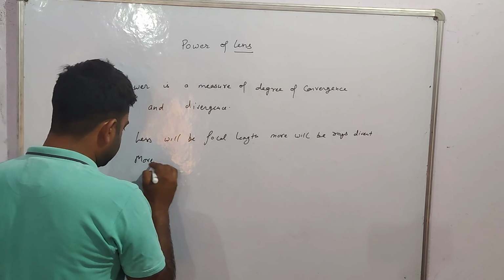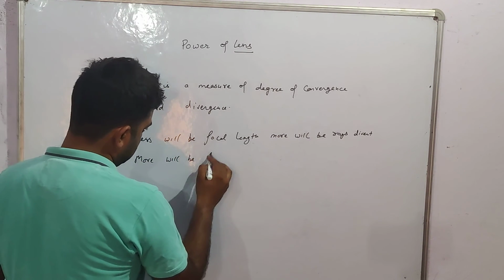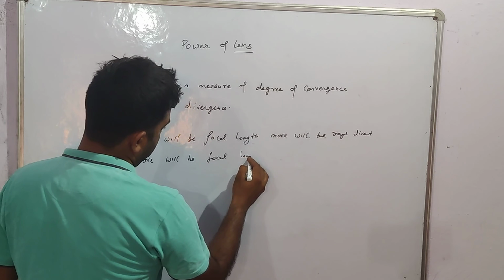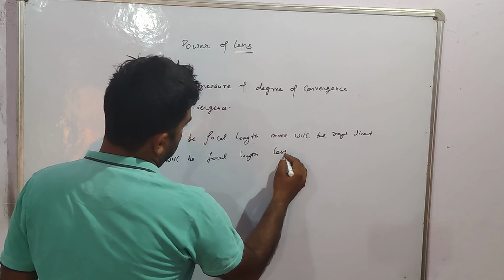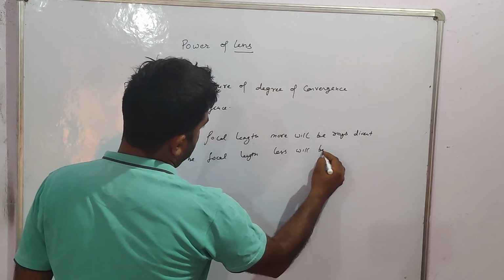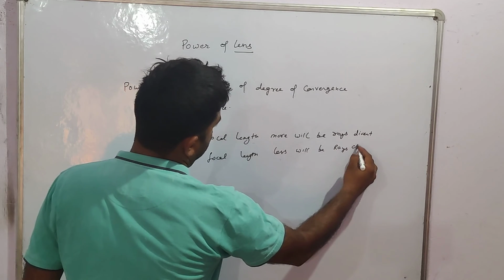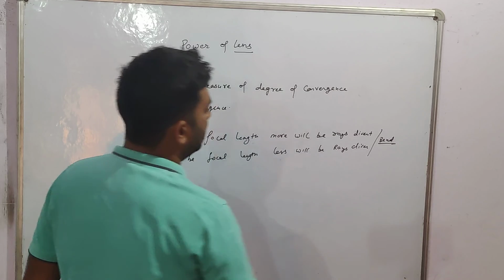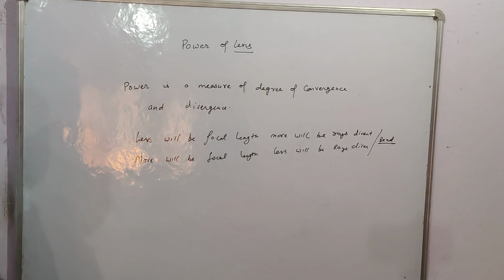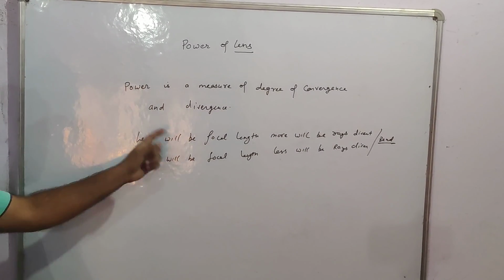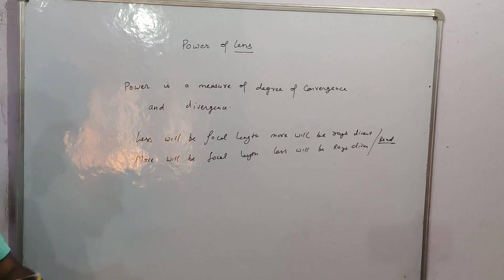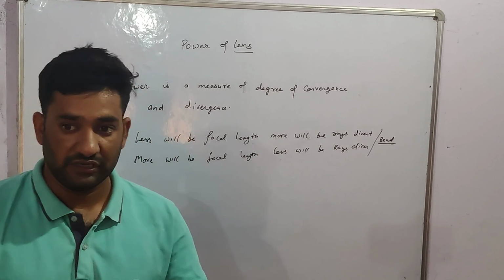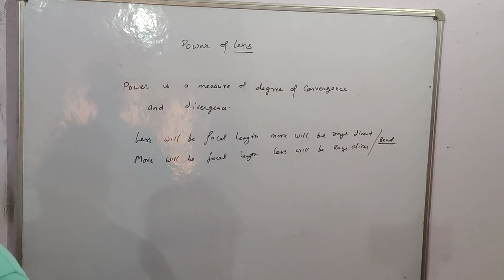More will be the focal length, less will be the rays diverted, or we can say less will be the rays bent. Power is the measurement of the degree of convergence and divergence. Less will be the focal length, more will be the bending, and more will be the focal length, less will be the bending.